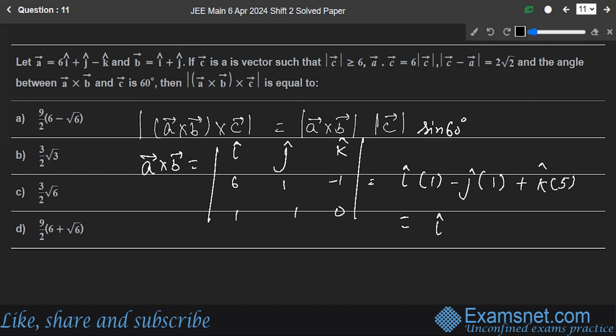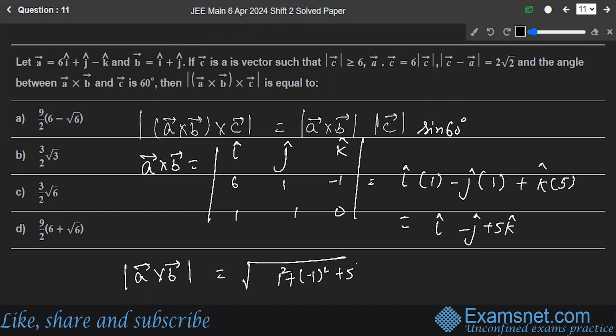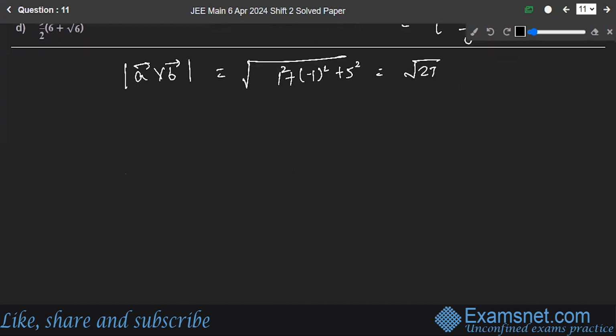Or you have i minus j plus 5k. Let's find out the magnitude of it. So this is given by root of 1 square plus minus 1 square plus 5 square, which is equal to root of 27. Correct. Also, you are given that C minus A vector is equal to this. So the magnitude of C minus A vector is equal to 2 root 2.